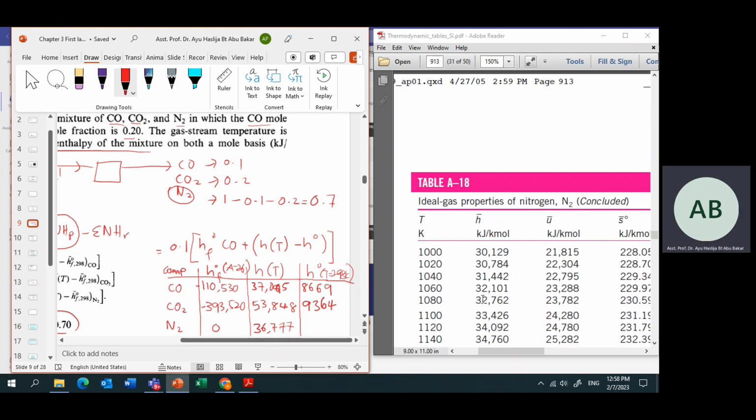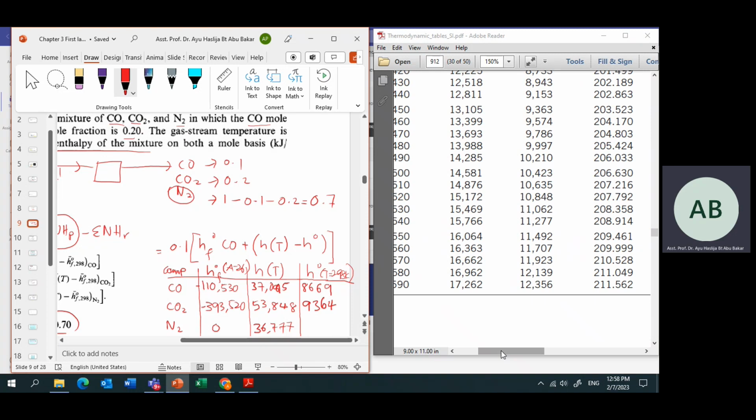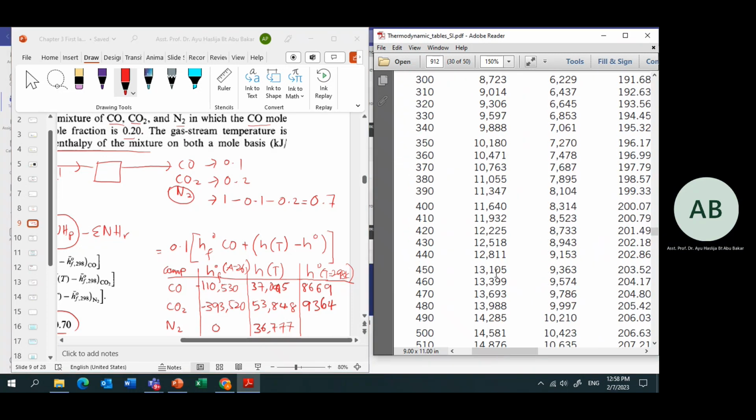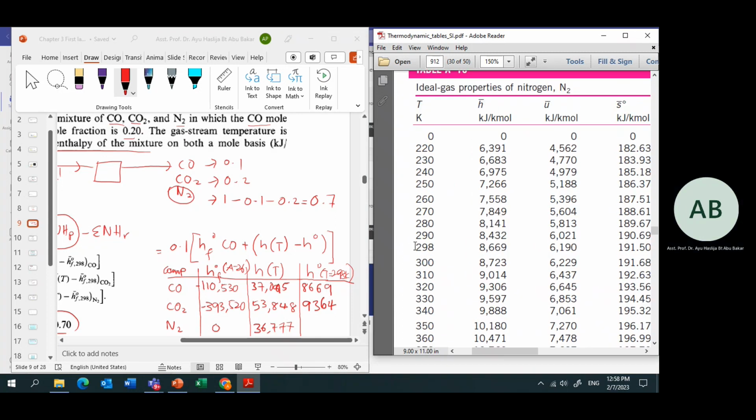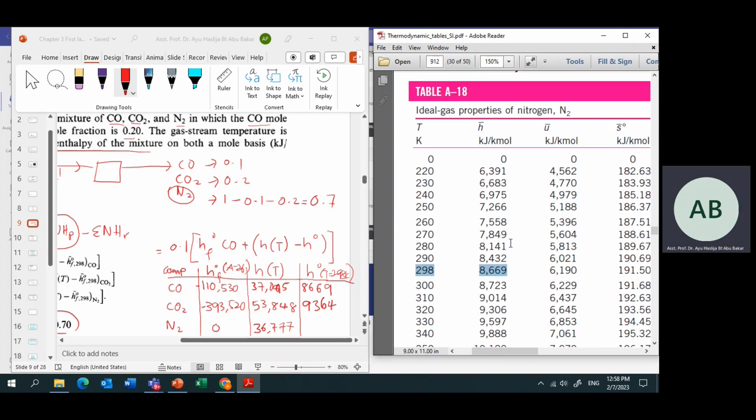Okay, next find the enthalpy at 298 for N2. Still table A18. It is 8669.